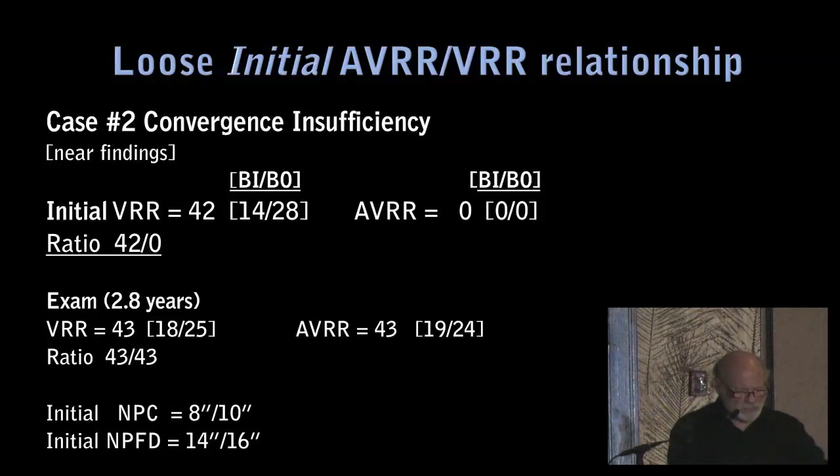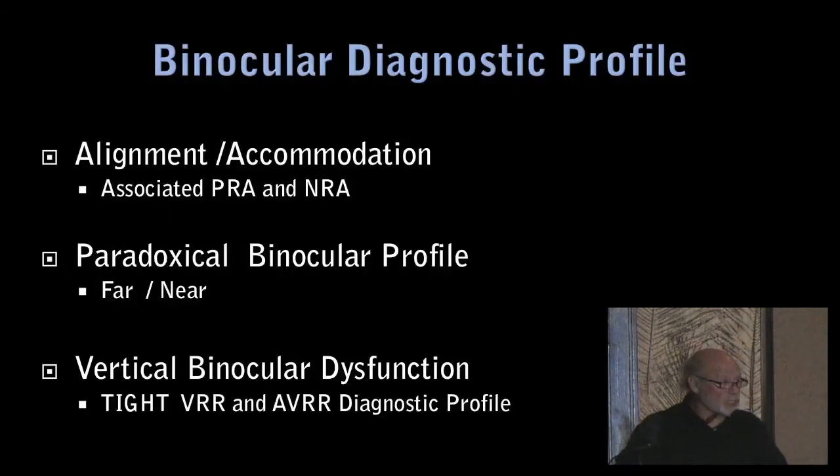Now, classically, for sure, in almost all cases in convergence insufficiency, the near point of fixation disparity lies outside the near point of convergence in the initial assessment. Now, here's what's interesting.